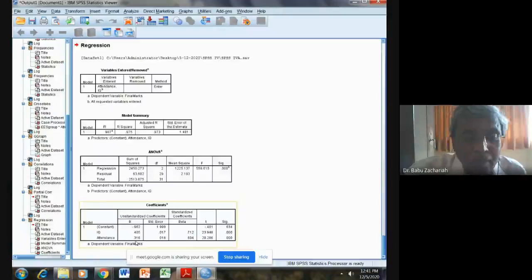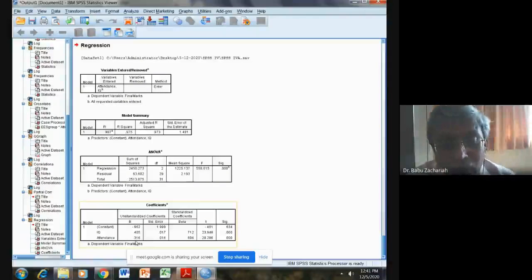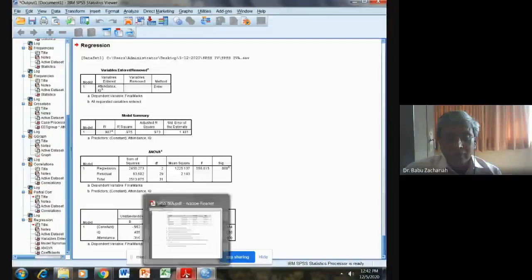So the line of regression will be y is equal to minus 0.962 plus 0.405 x1 plus 0.316 x2. That's the line of regression. So with this, we have completed this one.